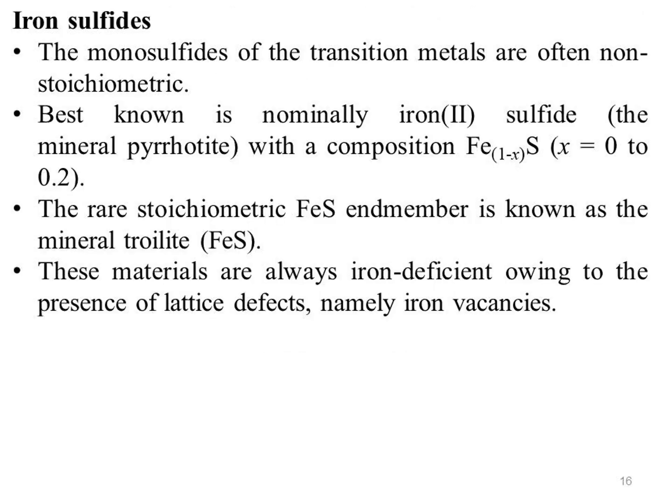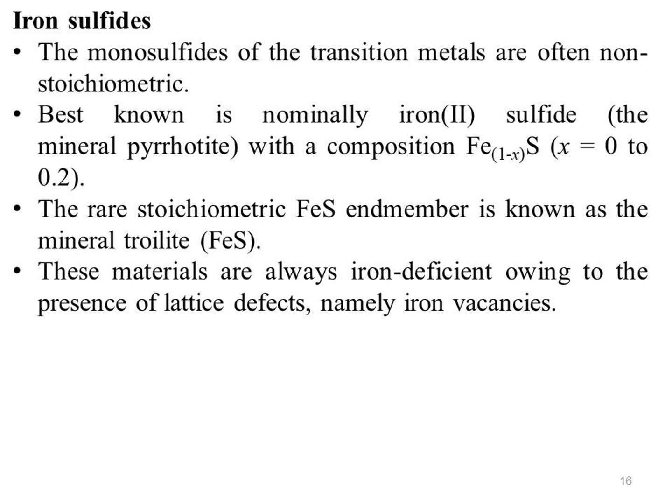Next is iron sulfide. The monosulfides of the transition metals are often non-stoichiometric. Best known perhaps is nominally iron(II) sulfide, the mineral pyrrhotite, with the composition Fe1-xS, where x is 0 to 0.2.